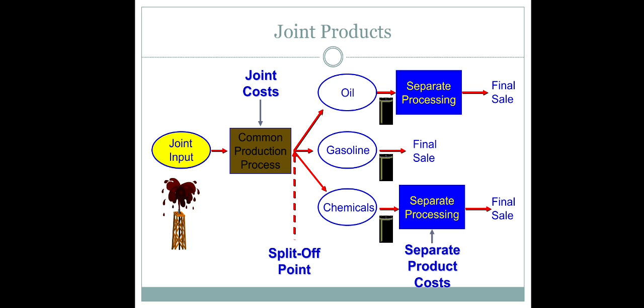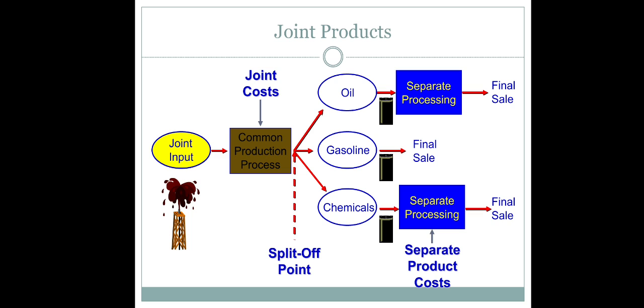Okay, and then sometimes the product produced after the joint cost can be sold as it is, or can be processed further. For example, in this slide, you can see that oil can be sold as oil, or can be processed again and produce something else.